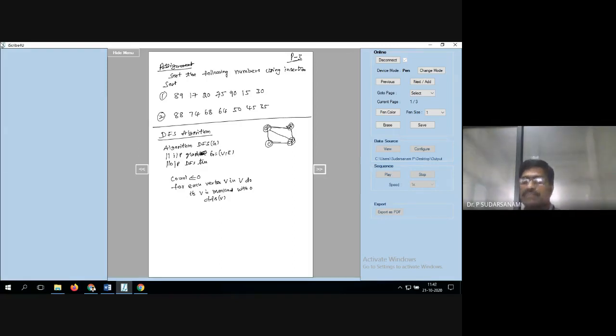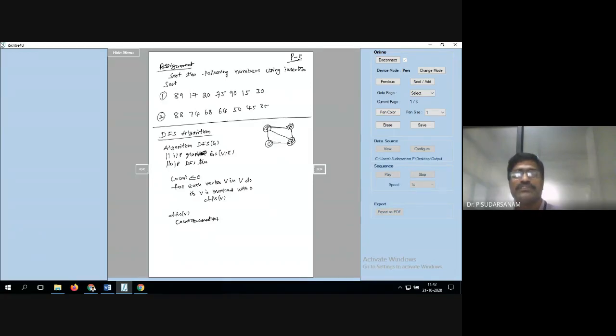Now write the DFS function, DFS of V. Now you need to count how many nodes you have visited. Count is equal to count plus 1.